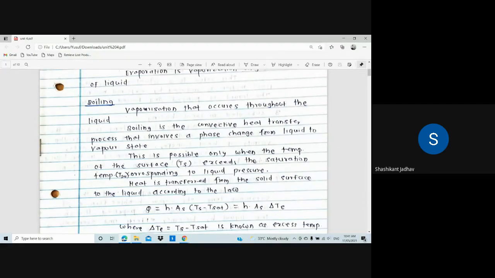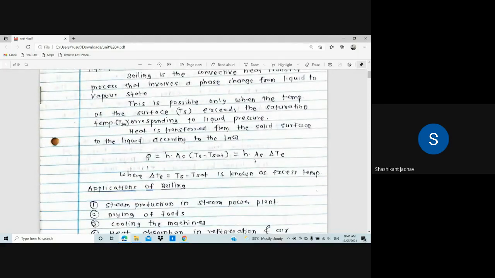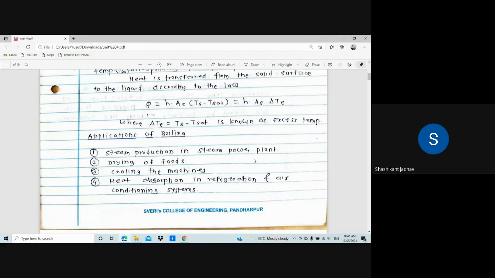Where delta T excess is equal to Ts minus Tsat, known as the excess temperature.